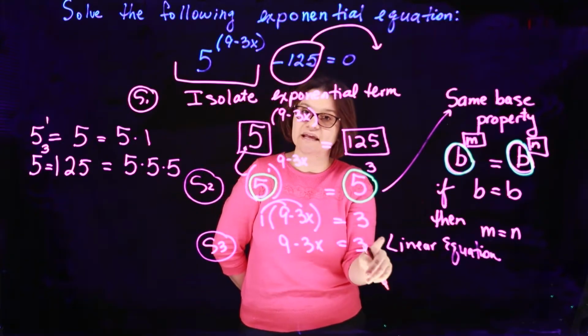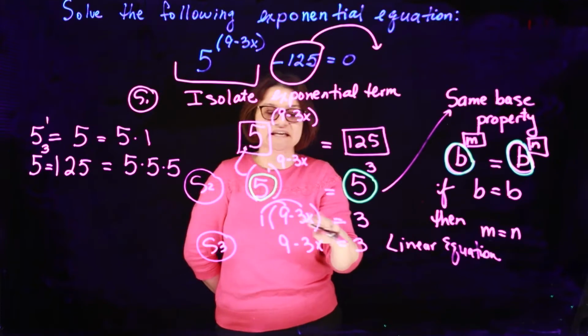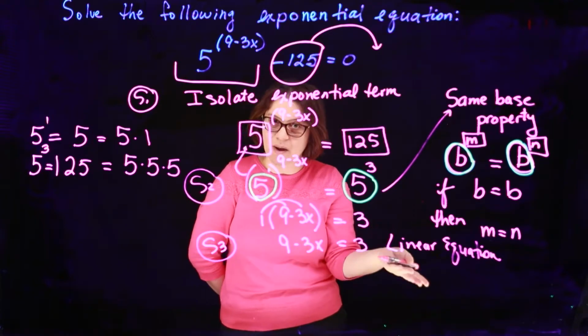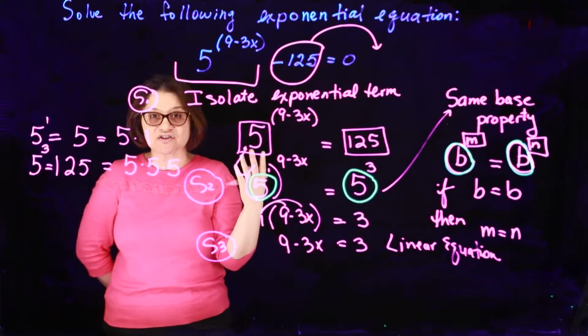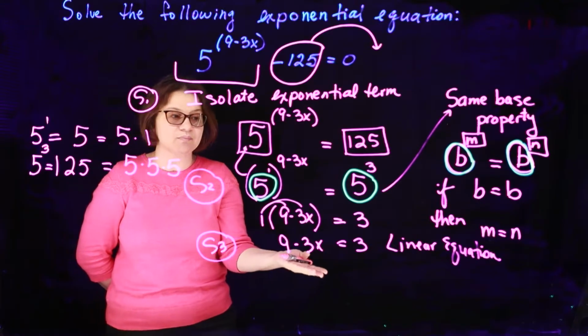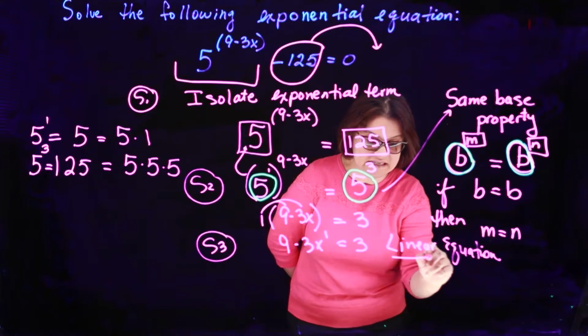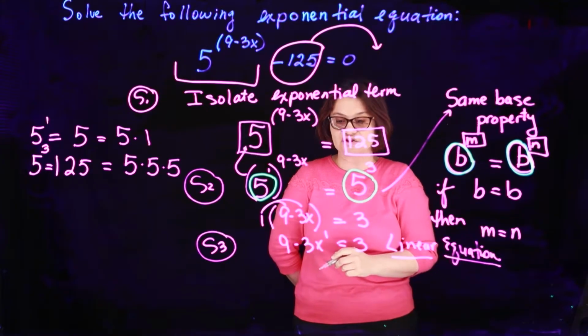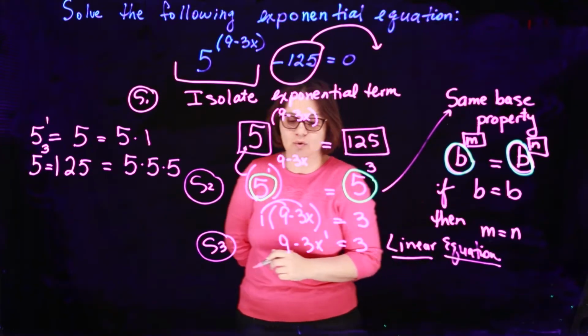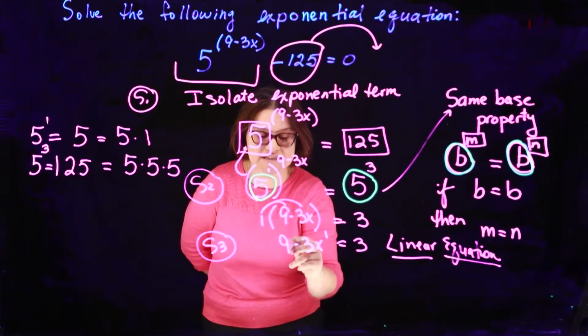Sometimes you'll have a quadratic equation to solve, sometimes a linear equation. Look at the highest power of x. The highest power of x will tell you your next step. Here, the highest power of x is 1, so we know this is indeed a linear equation, and we will try to solve it by isolating x.